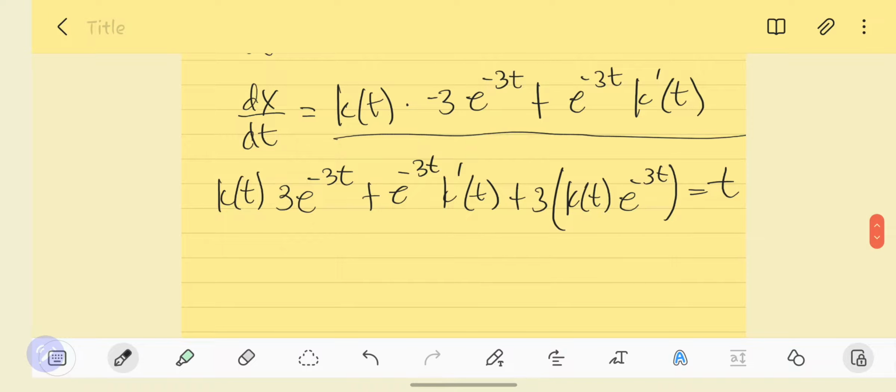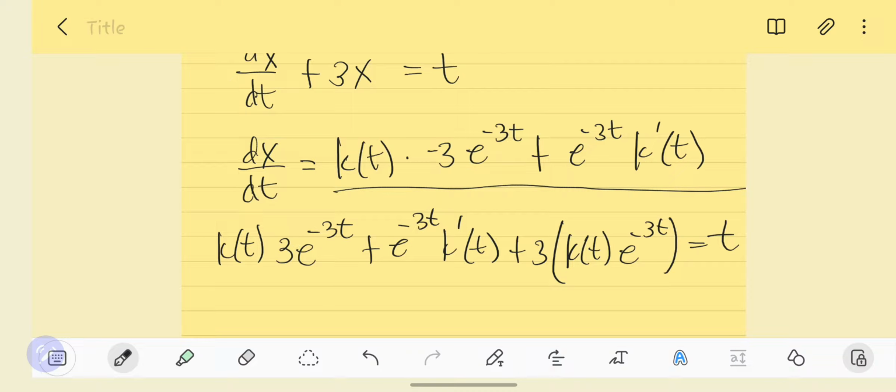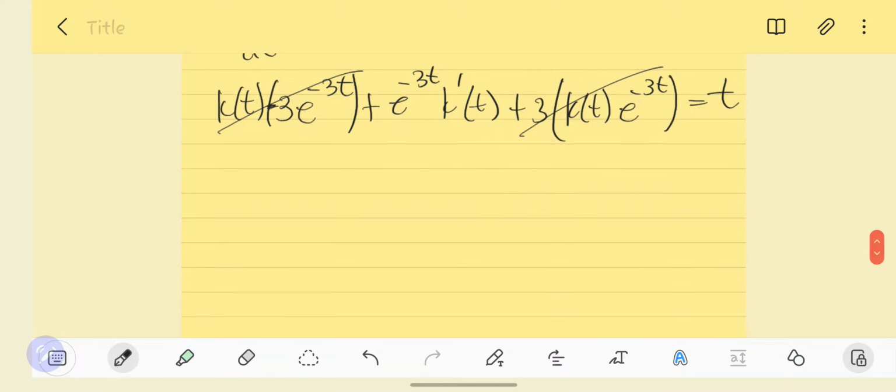Now as you can see, these terms cancel each other. So the remaining would be e to the negative 3t k prime of t is equal to t.